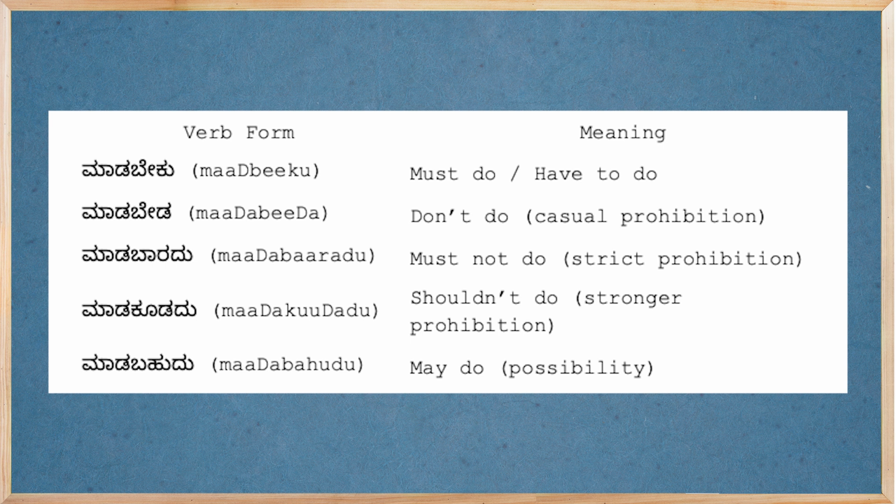This is a strict prohibition. Madakudadu. This means shouldn't do. And this is even stronger prohibition. Madabahudu means may do. This is a possibility.